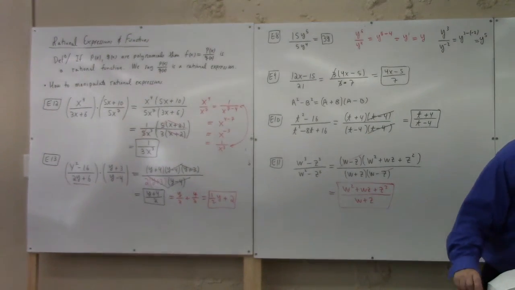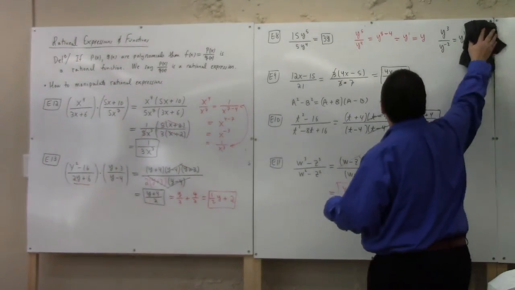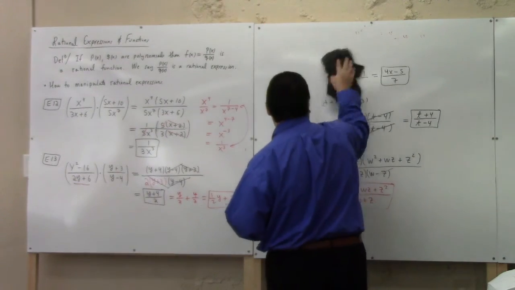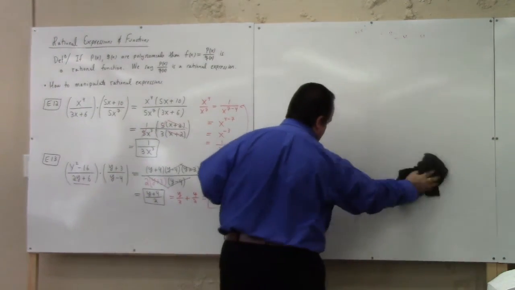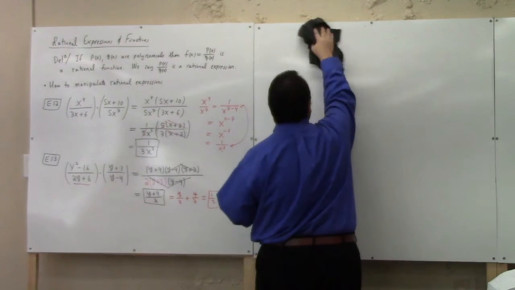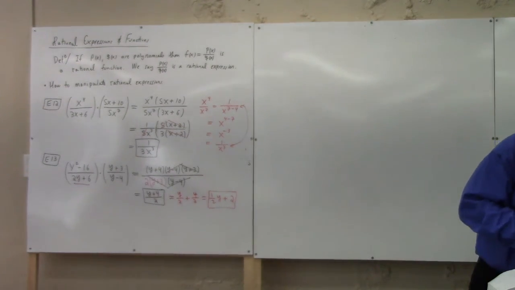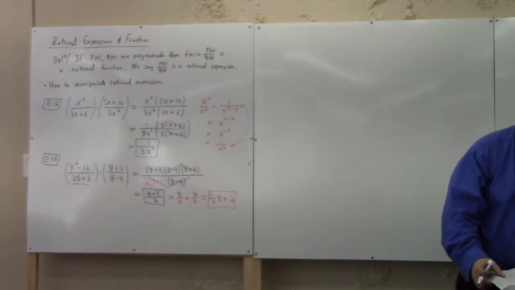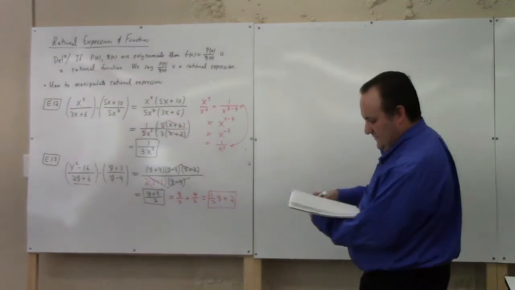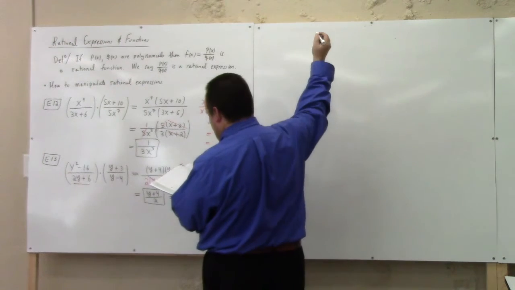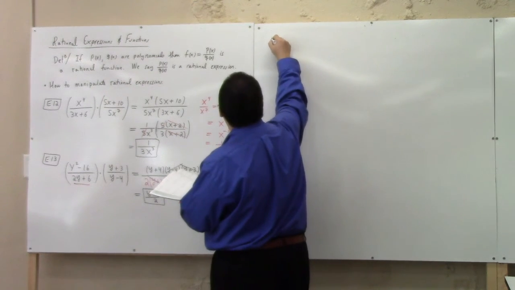All right, so next instruction is to divide and simplify. So I'll write these out. Now, your textbook has this, you won't see this on my test, all right? I'll just warn you.